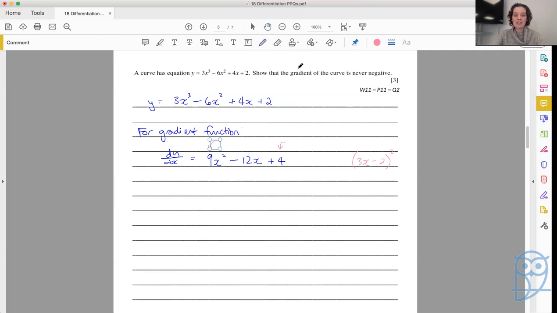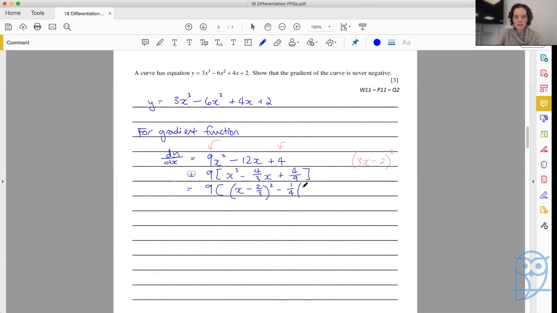Now, some of you might be freaking out at that concept. Others of you are quite happy with it. Okay, so for those of you who are freaking out, let's see how it works. So we take out our 9. X squared minus 4 over 3x plus 4 over 9 is ugly, but we'll work with it. So 9, now we complete the square. X plus a half b, so minus 2/3, all squared.